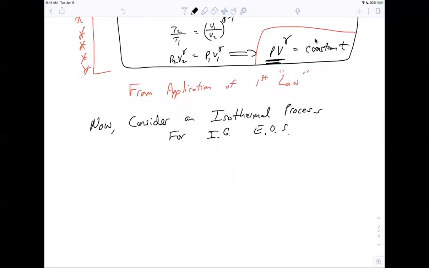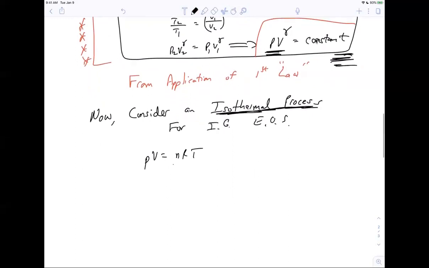So we want to get a relationship in terms of this product of PV or something like that, something analogous to this for the case of an isothermal process. Okay. And this is rather easy because we know that PV is equal to nRT for an ideal gas. And if temperature is constant, then this side is just constant. Okay, it's just constant for an isothermal process.